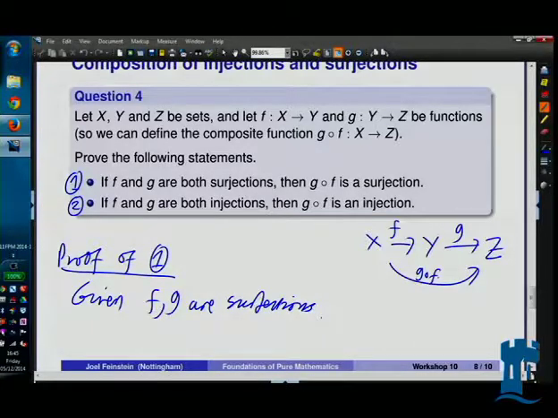Okay? So let little z be in big Z. We've got to show that it's in the image, that it's g composed with f of something. Well, g is surjective, so it's g of something in y.